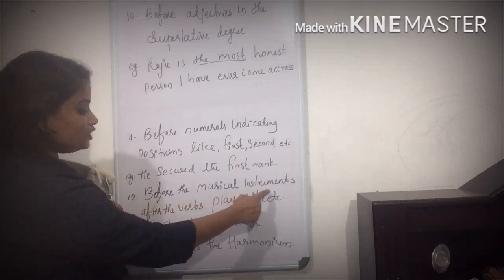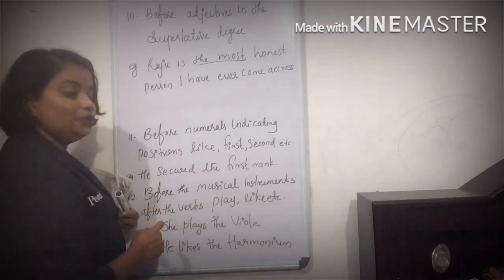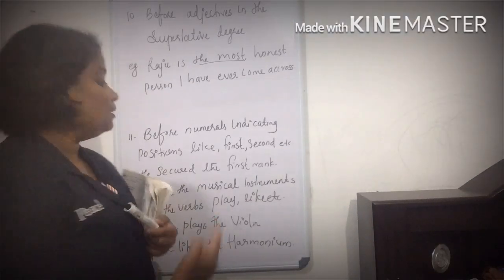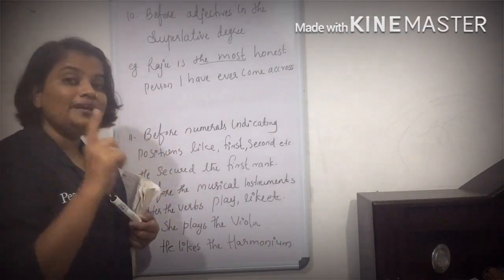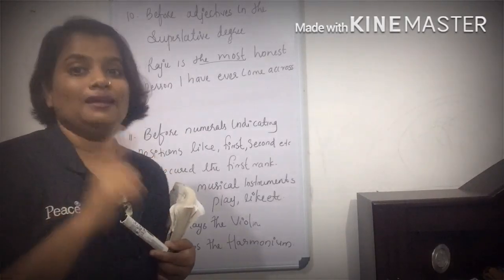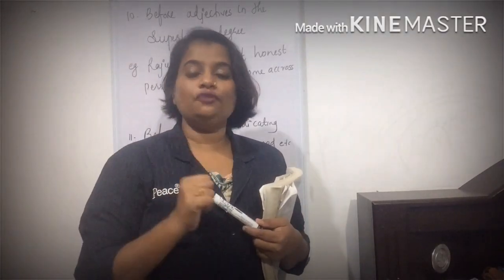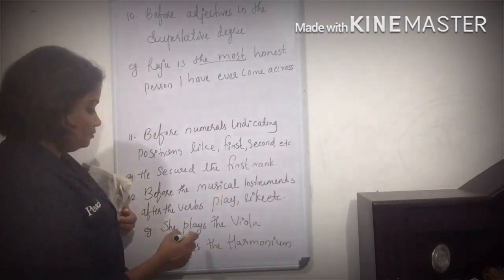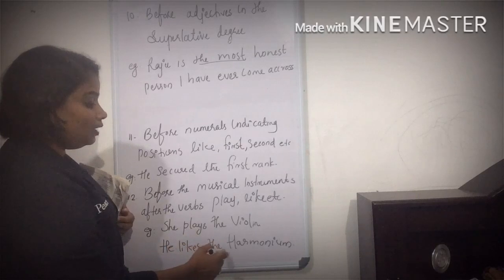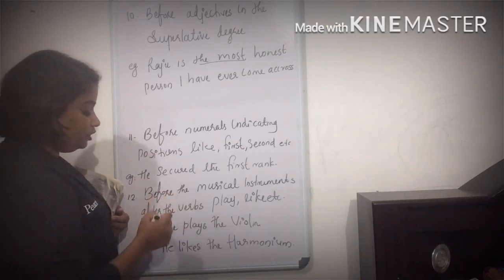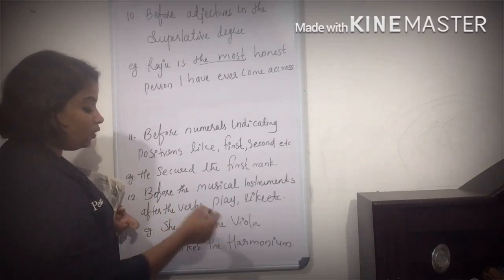before musical instruments. You can use the before the musical instruments, but only after the verbs play and like. I'll give you the example. She likes the harmonium, or he likes the harmonium. She plays the violin.